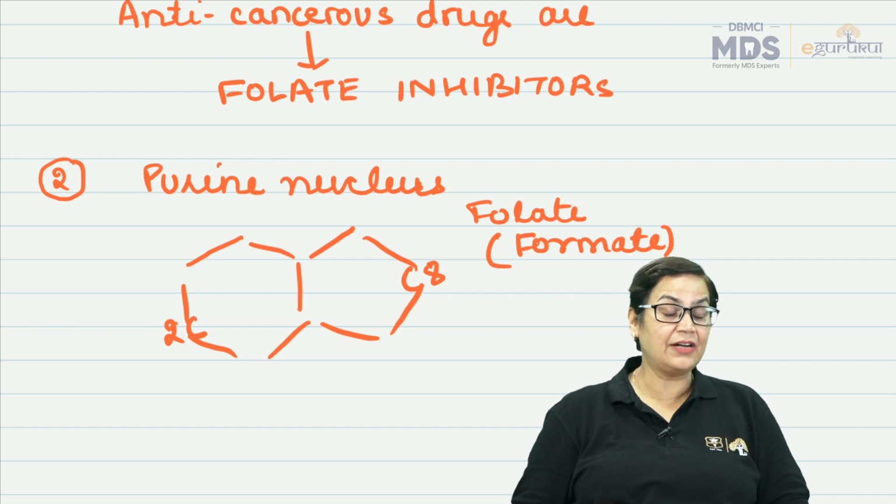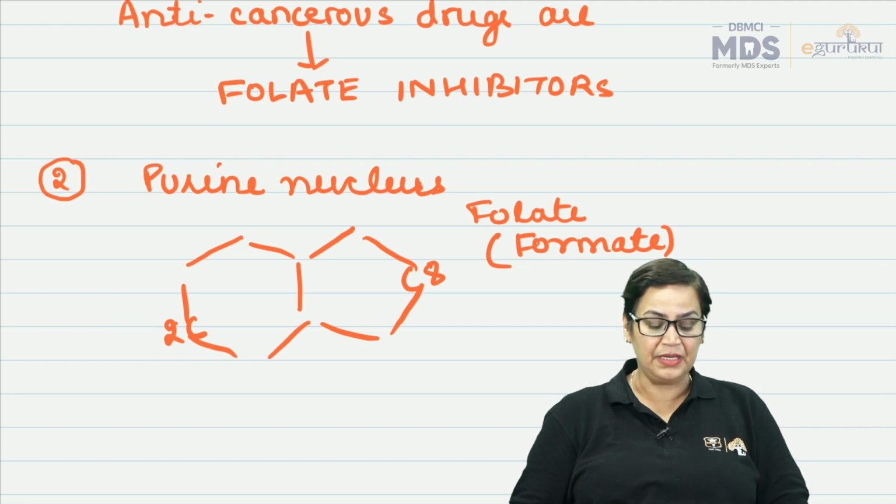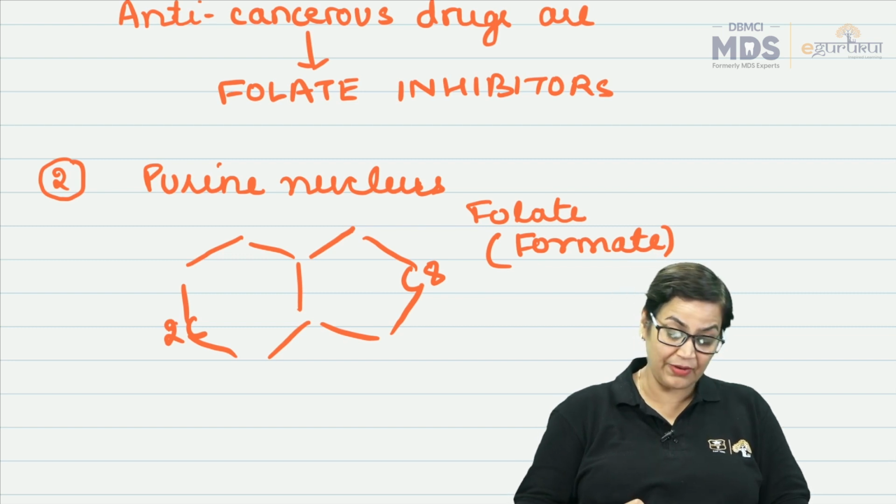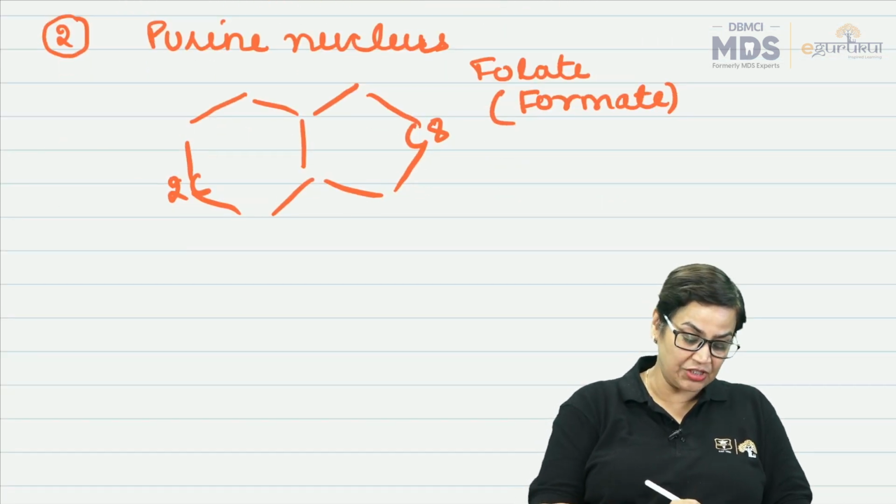That is why we say that folic acid is very, very important for the synthesis of the nucleotides, be it purines, be it pyrimidines. And that is why in deficiency of folic acid also, the synthesis of the nucleotides suffers. And that is why deficiency also leads to megaloblastic anemia. Right? So this is the second reaction.